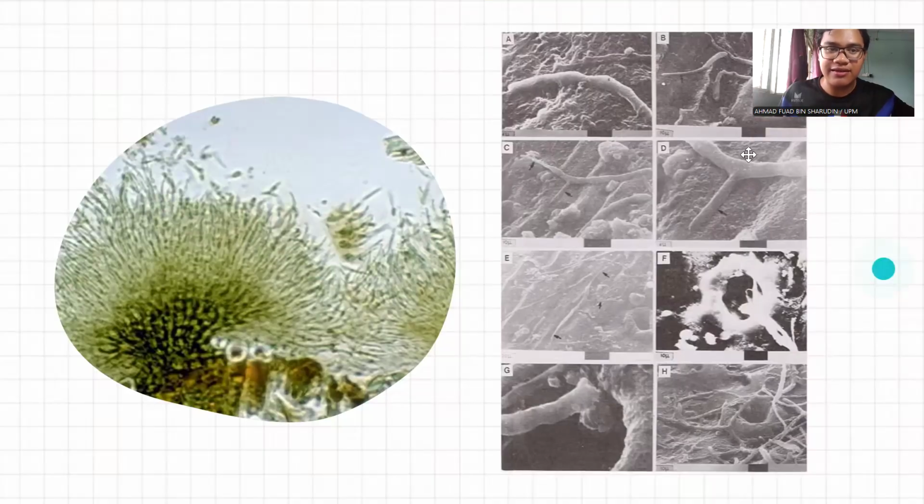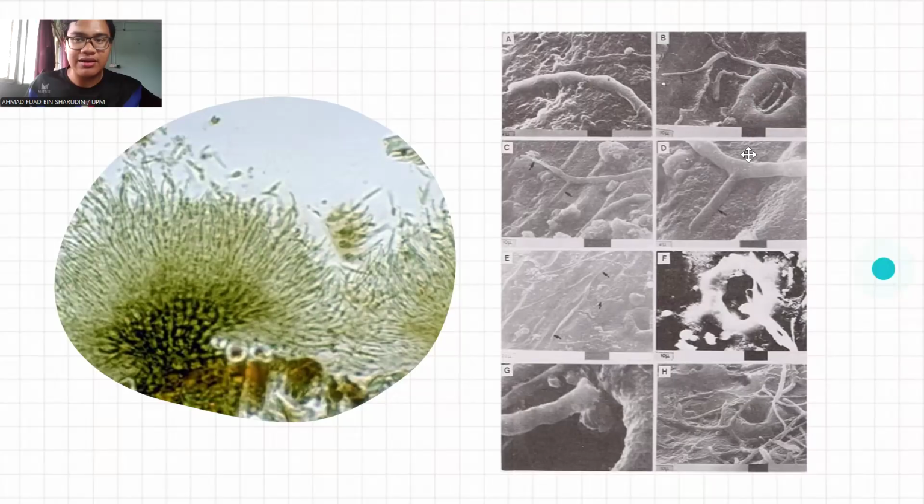So here are the pictures of the fungal pathogen itself, Dothistroma. Note the picture on the right. We have pictures C, D, E, which show the fungus's conidia branching out and penetrating through the epidermal surface of the needles.